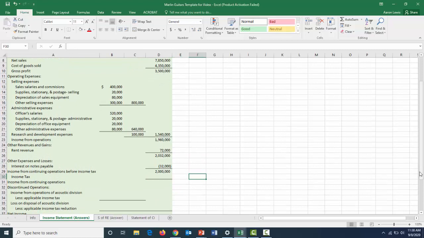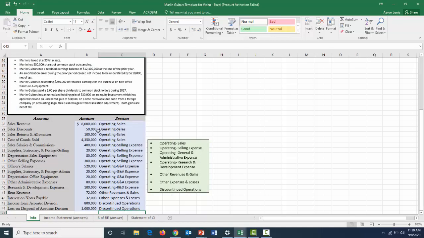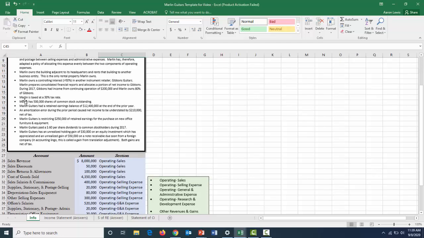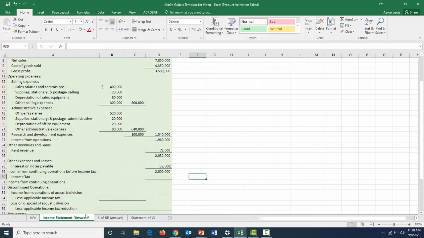So with that being said, now we have to account for the income tax that Marlin Guitars had to pay. Well, if we go to our info, there's no income tax listed. So what are we going to do? Well, the good thing is if we go up, we see on this line right here, Marlin is taxed at a 30% tax rate, which means the company is going to have to pay 30% of that income from continuing operations before income tax.